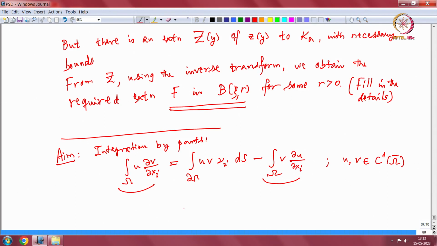So, we would like to deduce this one also for u, v in H^1 omega, and this one is repeatedly used in studying elliptic equations.